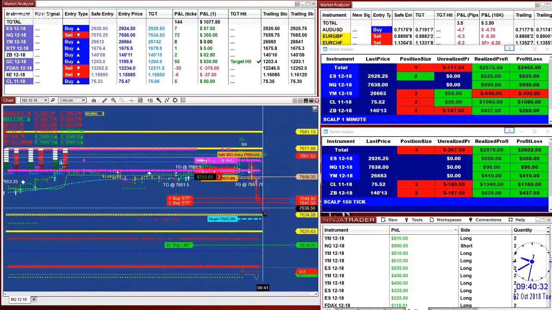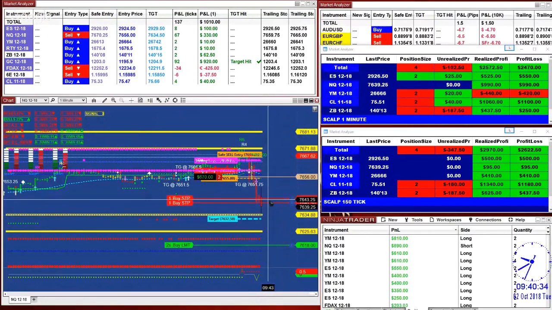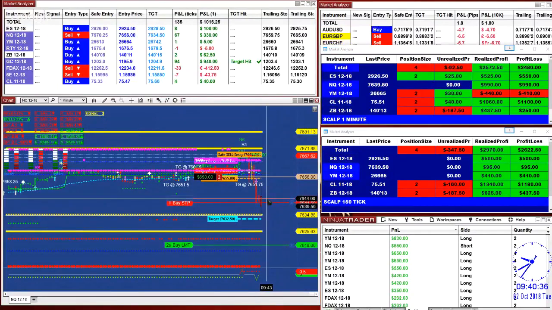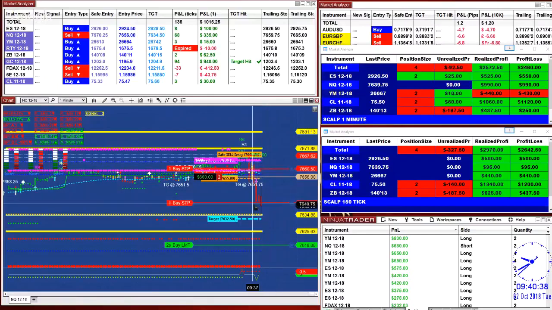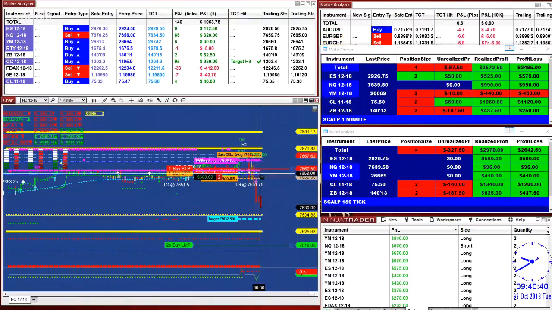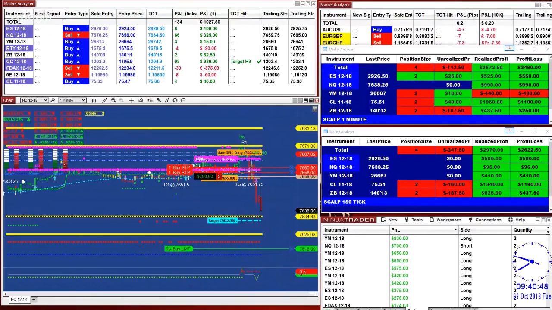We are about to hit the target, but I still don't want to exit on that trade. On your automated trade, by now you are exiting in this area here, and this is really a good start, $700 on that trade, and this is really good to start trading today.